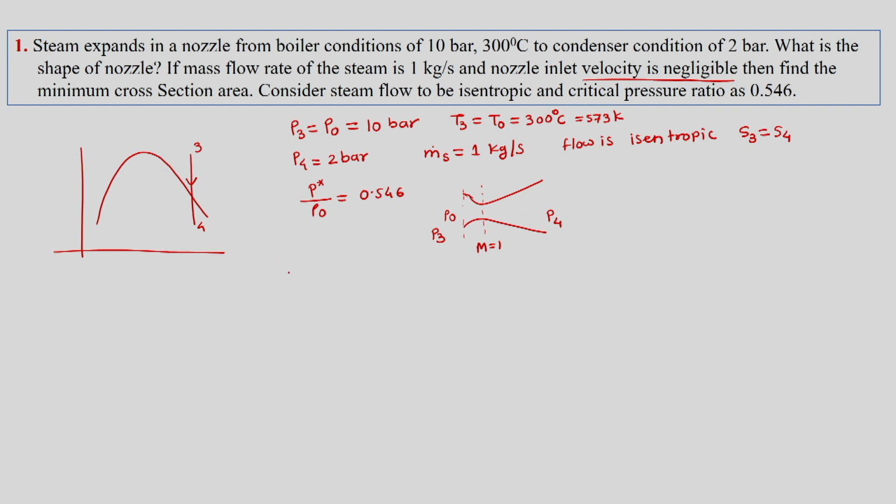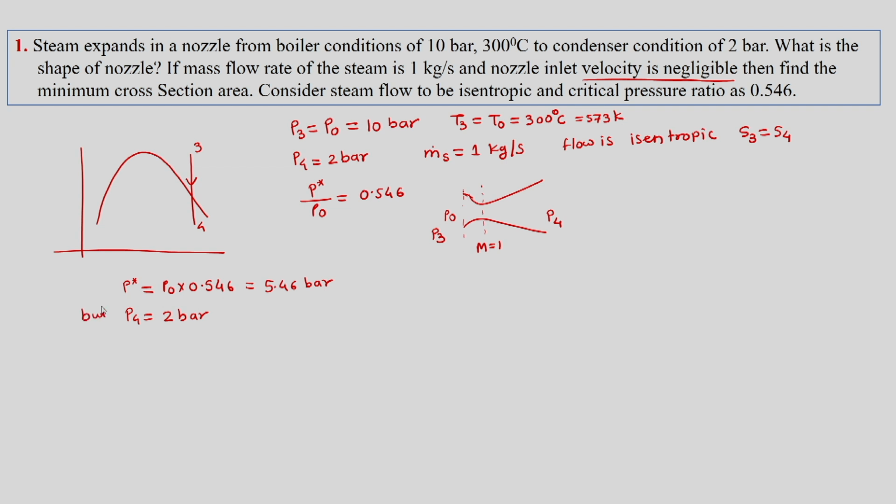So we can find P star is equal to P naught into 0.546. Since P naught is 10, it will be 5.46 bar. But we are told that P4 is equal to 2 bar.